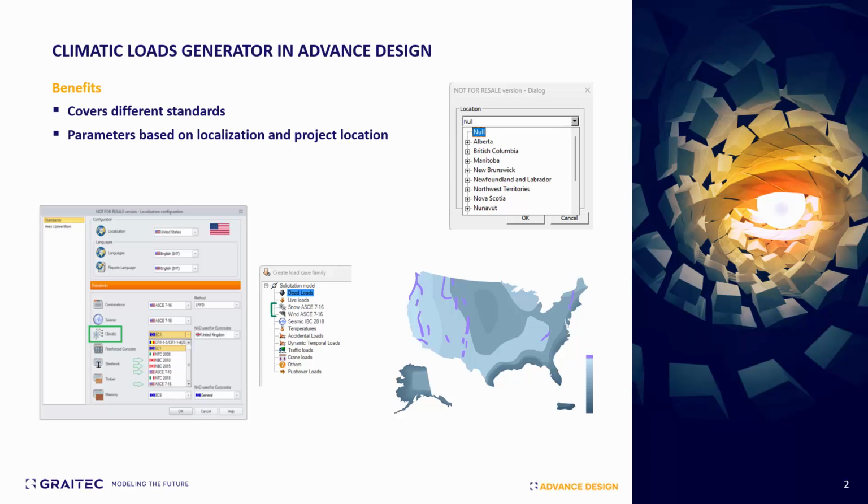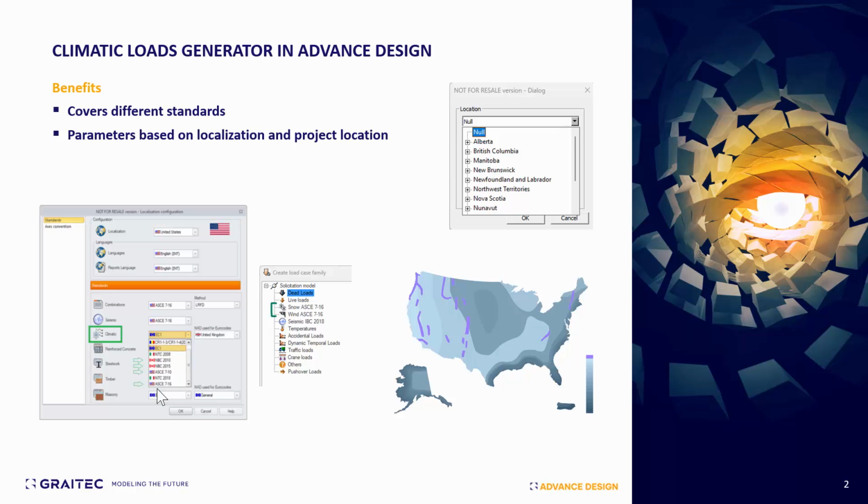Okay, so what are the benefits of our climatic load generators in Advanced Design? So first of all, as you see here, we cover different standards. In terms of US and Canadian codes, we are covering NBC codes and as well ASCE 7-10 and 7-16.